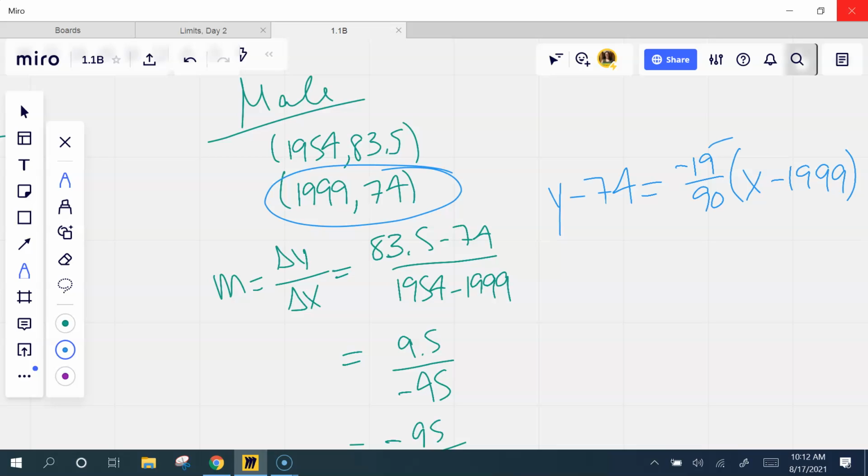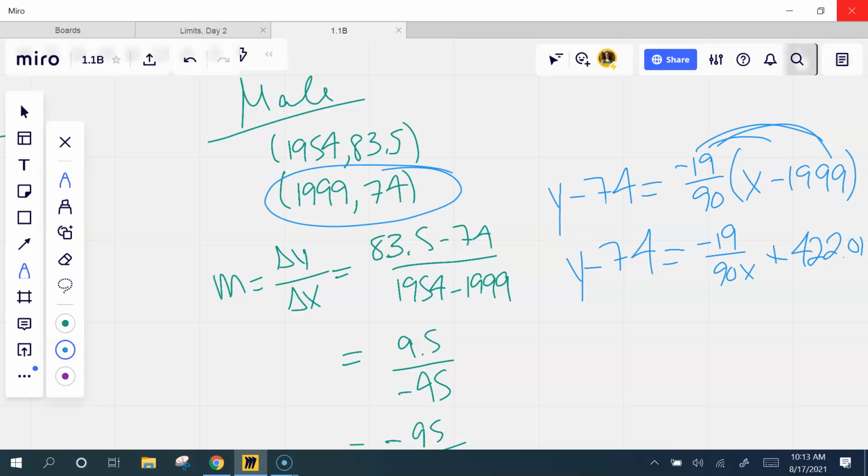So here I would need to distribute. So y minus 74 equals negative 19 over 90x plus... anybody on that one? Like 400. I'm going to just round it to 422.01.